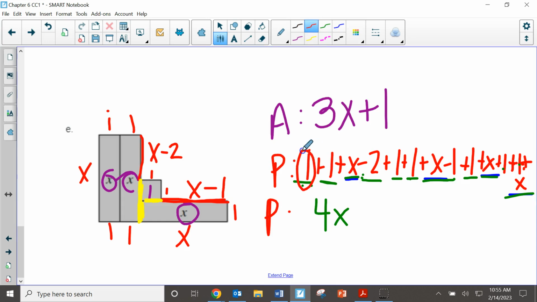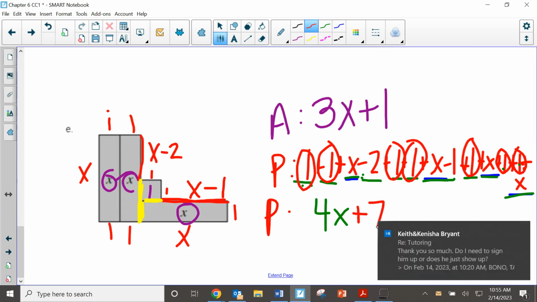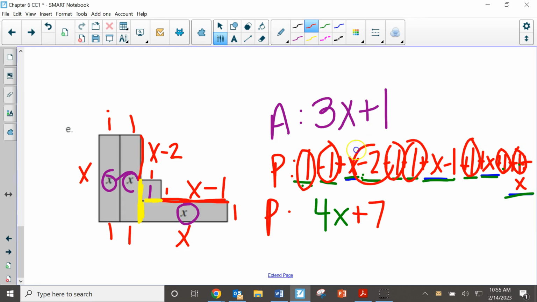So here's positive 1, 2, 3, 4, 5, 6, 7. Now I'm going to add up my negative numbers. So negative 2 plus negative 1. So that would be negative 3. And then I'm just going to simplify this. 4x, 7 minus 3 is 4.